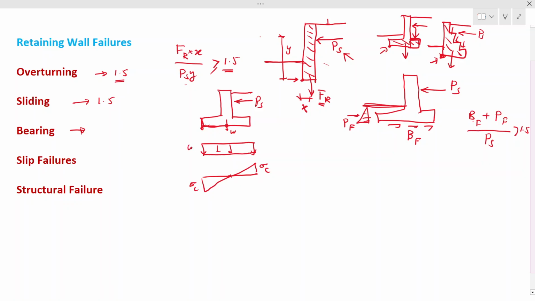Then you have W, the weight of the retaining wall, which also has a certain stress. When you combine all these stresses under the base, you have a weight component and the soil pressure component, because this tries to rotate. Then you have a compression here and a tension on the top, right?